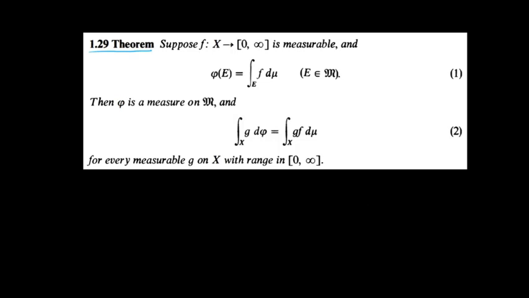Suppose we have a simple function, say s. Then we have defined psi of E, which is equal to the integral over E of s d mu, and we had shown that this psi was a measure.